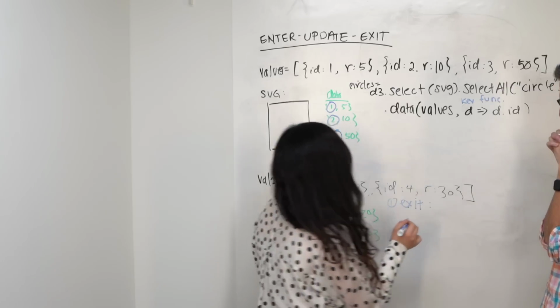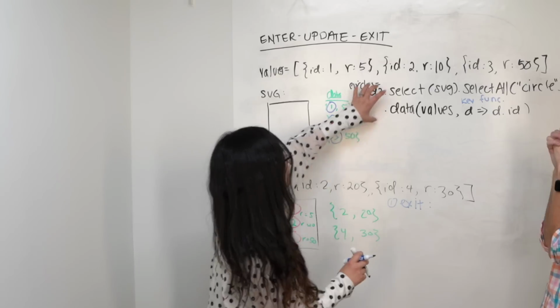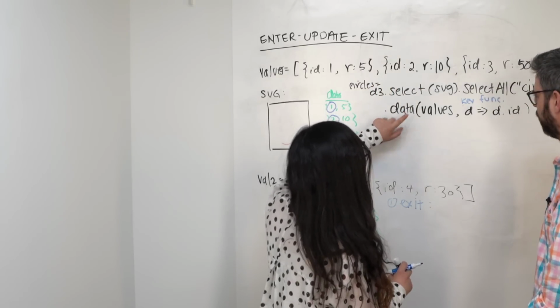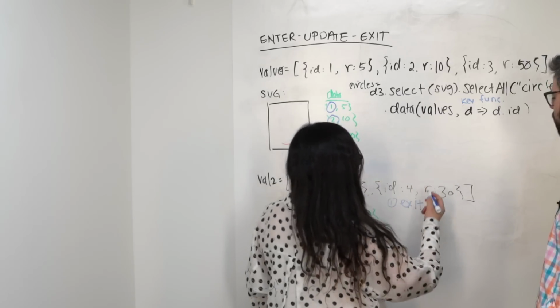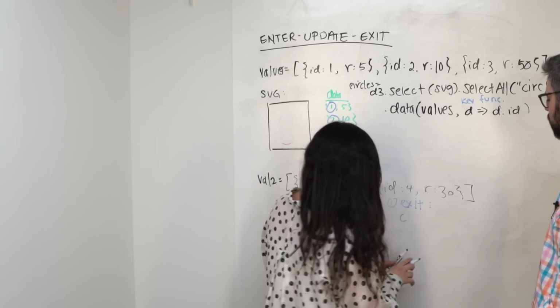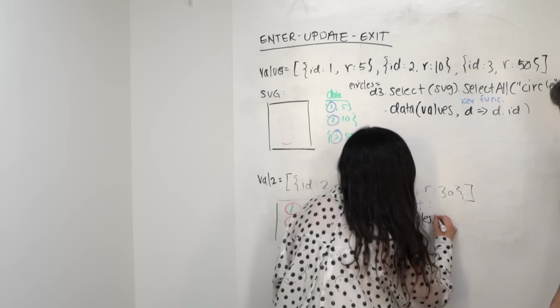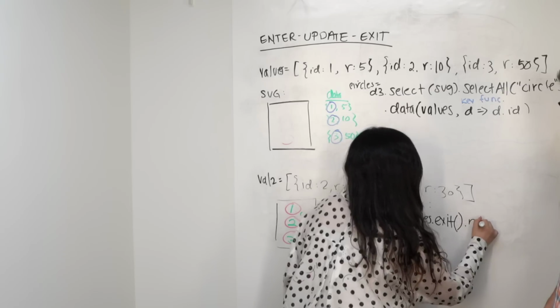The first step I want to do when I'm doing enter, update, exit, the whole shebang, is the part where I tell D3 to bind the data and do the calculation. Then I take circles dot exit dot remove.